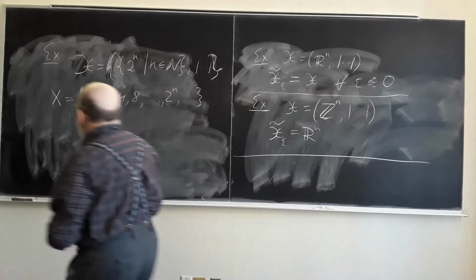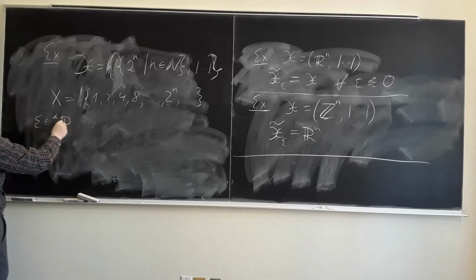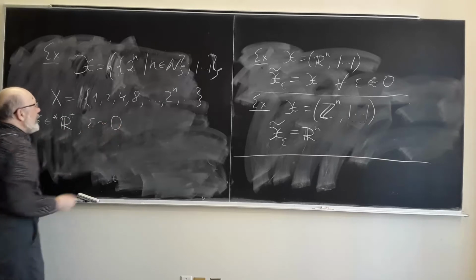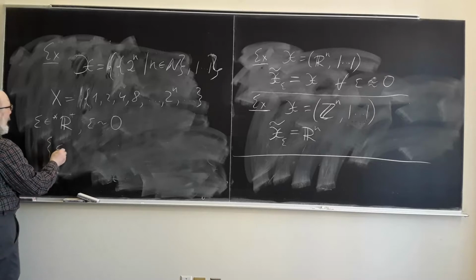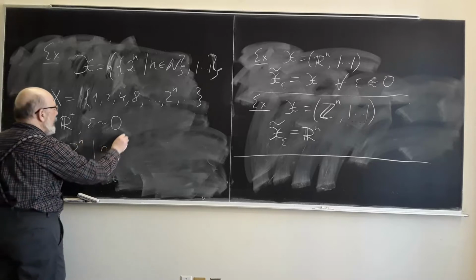asymptotic space? First of all, let us take epsilon in star R plus, and epsilon is infinitesimally small, and consider the numbers epsilon times 2 to the power n.